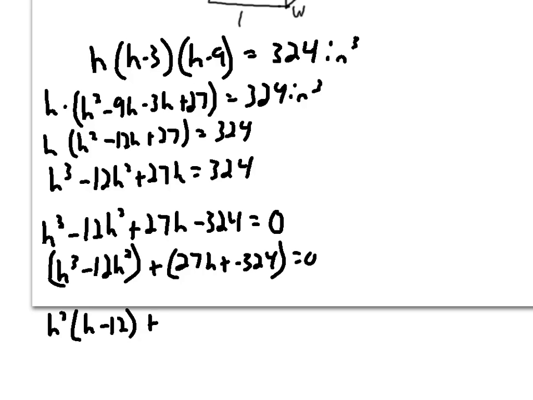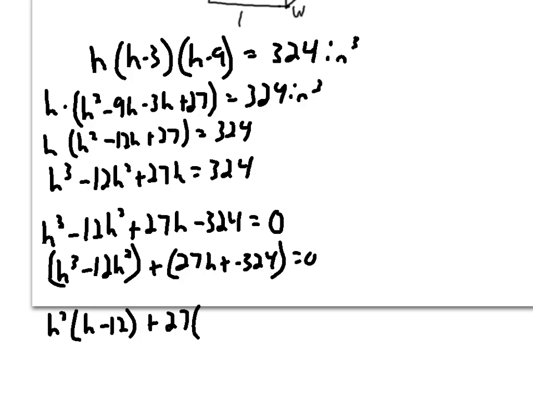Okay, plus sign. And then we have to figure out, does 27 go into 324? And if so, how many times does it go in? Okay, well the answer to that is yes, 27 does go into 324. Okay, so that's going to be our greatest common factor. So we're going to pull out the 27.